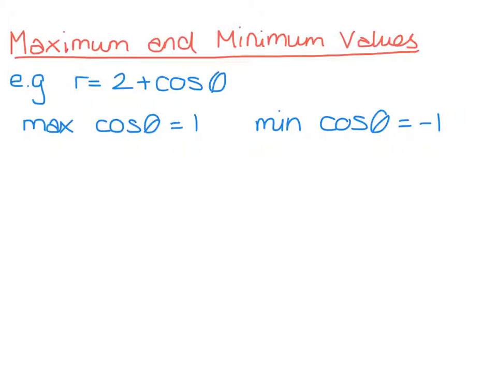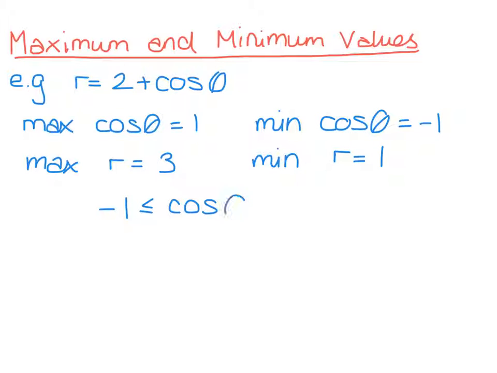Subbing this into our equation for r, we know that the max value of r is 3, whilst the minimum value of r is 1. Alternatively, we could write this as minus 1 is less than or equal to cos theta, which is less than or equal to 1, which implies that 1 is less than or equal to 2 plus cos theta, which is less than or equal to 3.